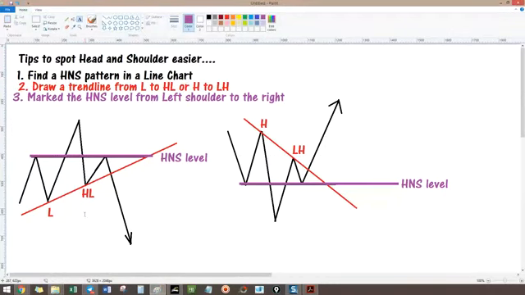Okay, and number 4, just mark the zone. This one maybe in green.